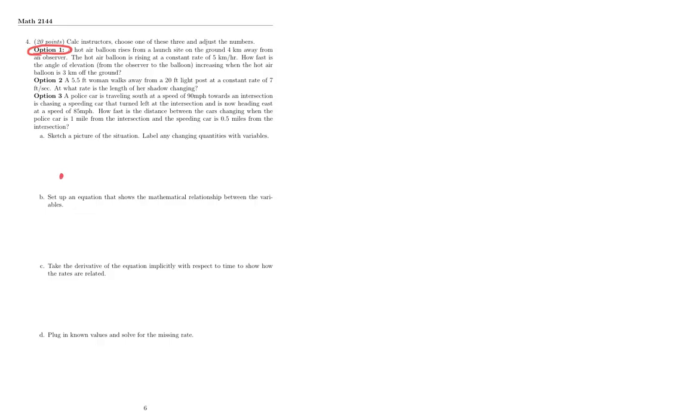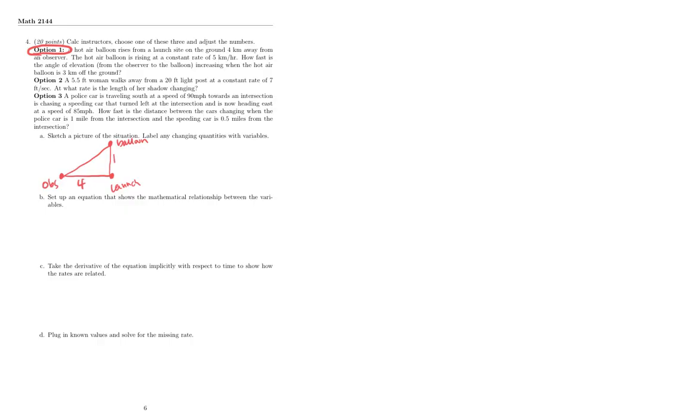So I have an observer, and I have a launch site, and I have a hot air balloon. So here is my triangle of what's going on. The observer is, we know, 4 kilometers away from the launch site, so we can label that with a 4. The observer is not moving away from the launch site, so that is a constant value, so I can leave that there.